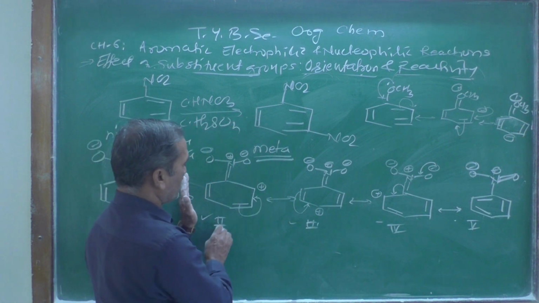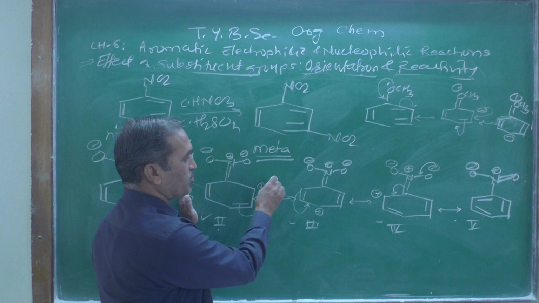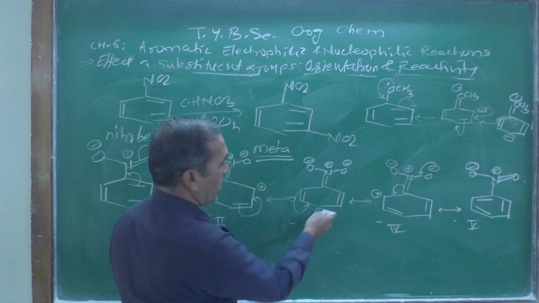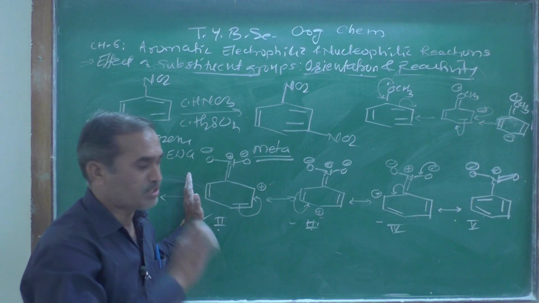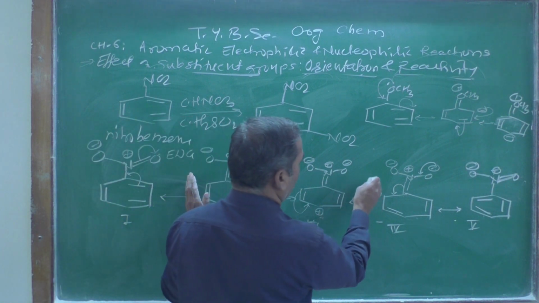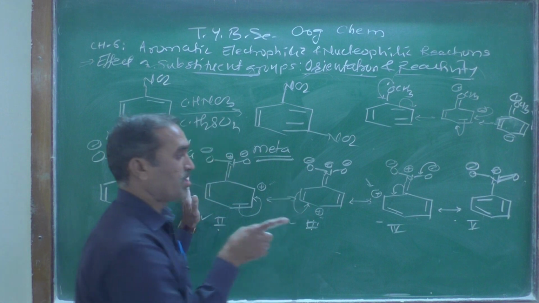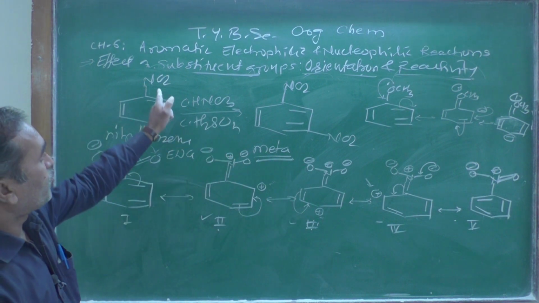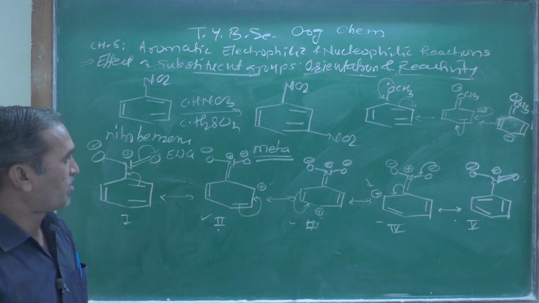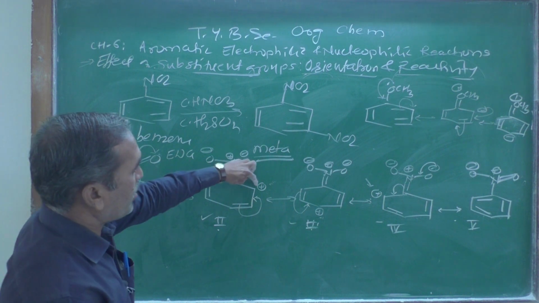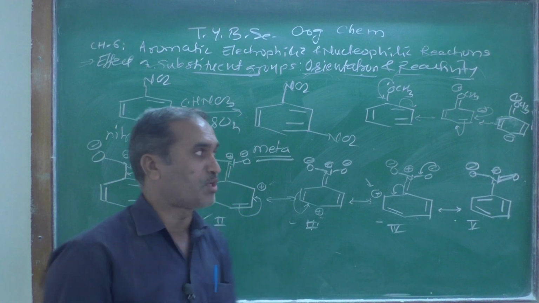In structure number second, at the ortho position there is a positive charge. At the third, if you look here, again at the para position there is a positive charge, and here again at the ortho position there is a positive charge. And why are we getting only one product, which is the meta product? Because at the ortho and para positions there is a positive charge.